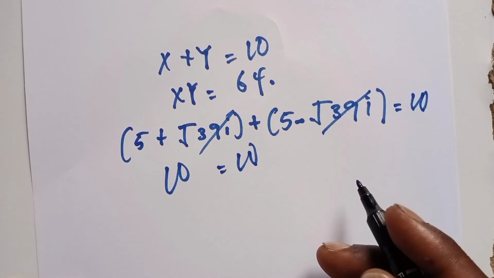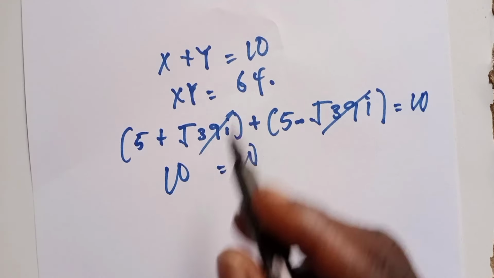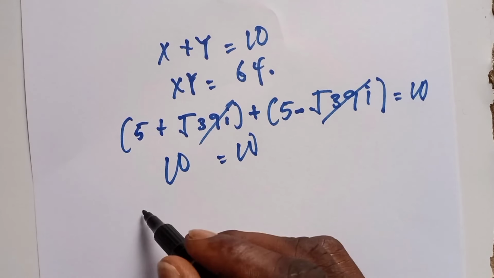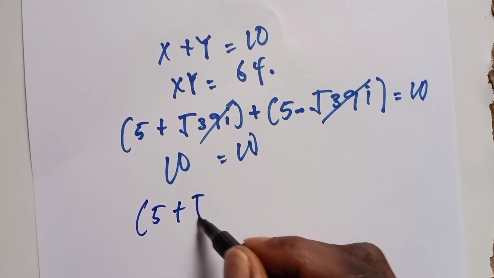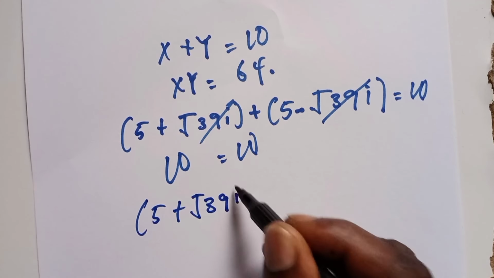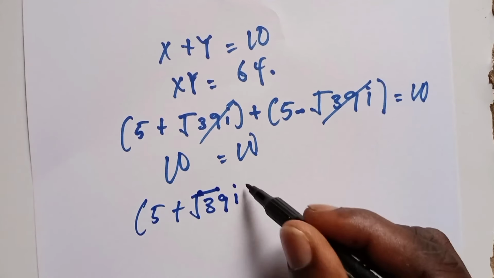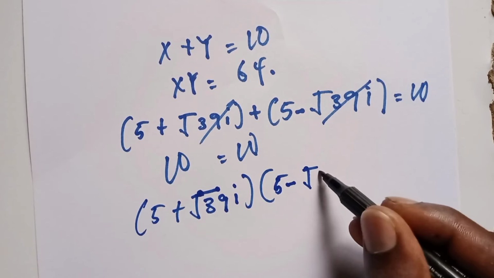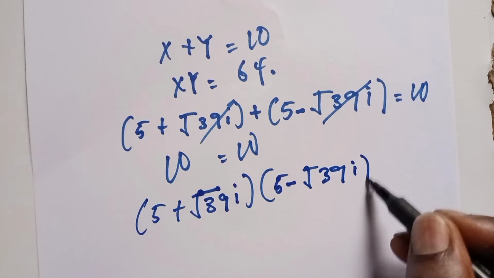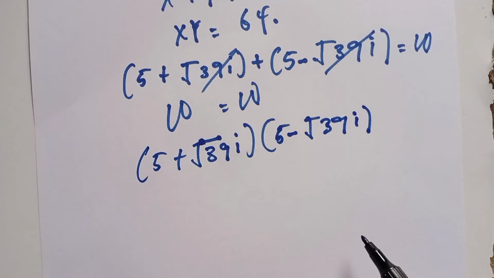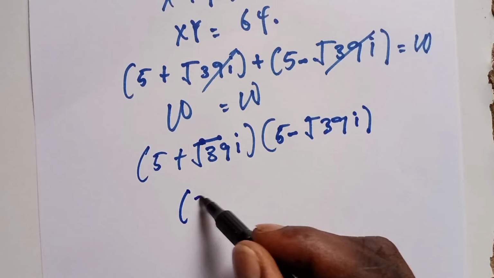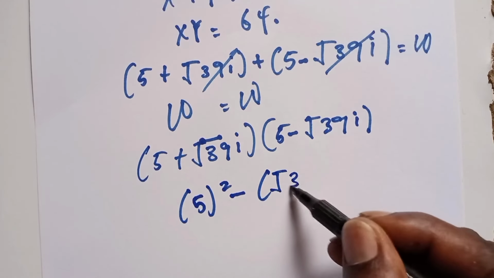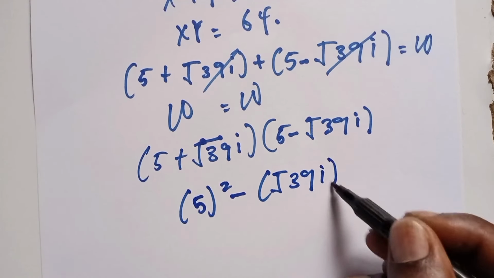Now for the second one, xy is equal to 64. We have 5 plus root 39 i multiplying 5 minus root 39 i. Here you have 5 squared minus root 39 i squared.